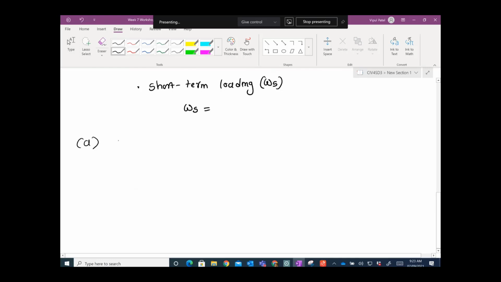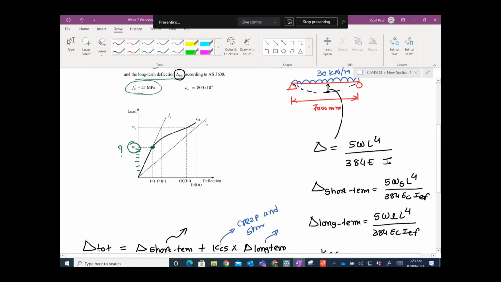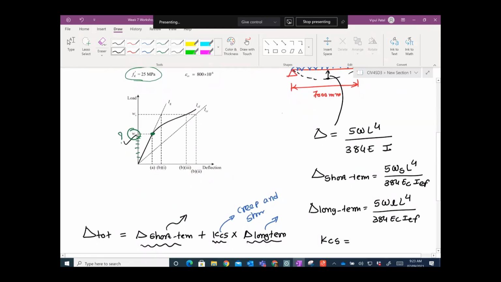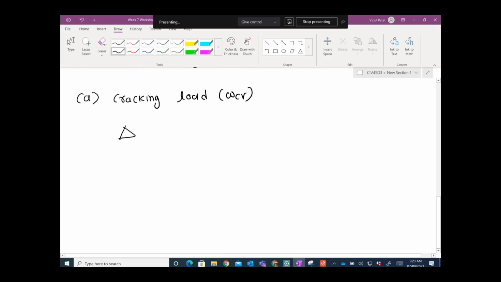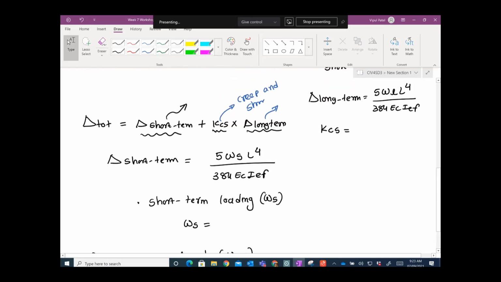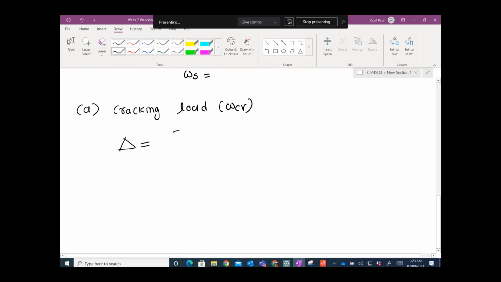For A, we need to calculate the cracking load W_cr. Where is it? Here. That's what we need to calculate. Now, if I want to calculate the W_cr, we can calculate by using the same equation again, that delta deflection equal to 5 W L to the power 4 over 384 EI.